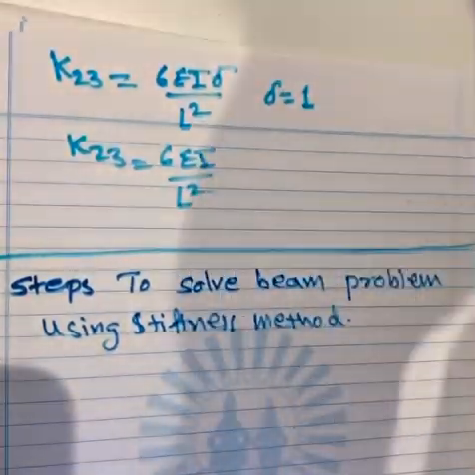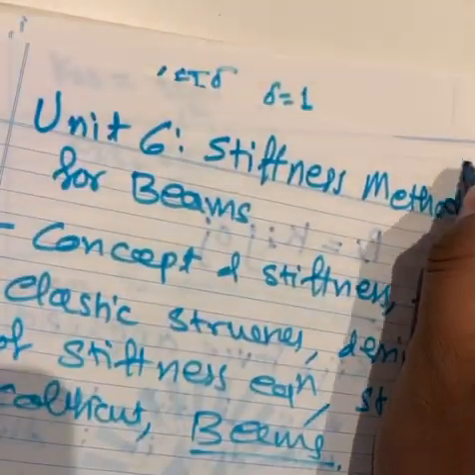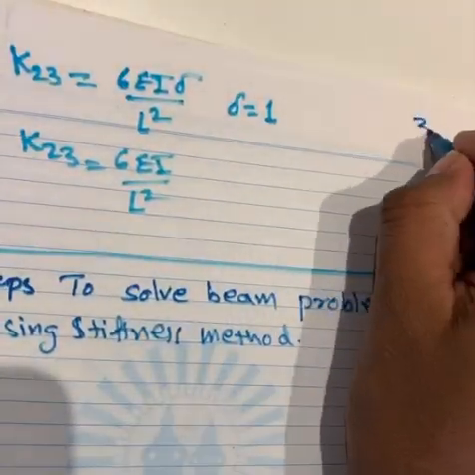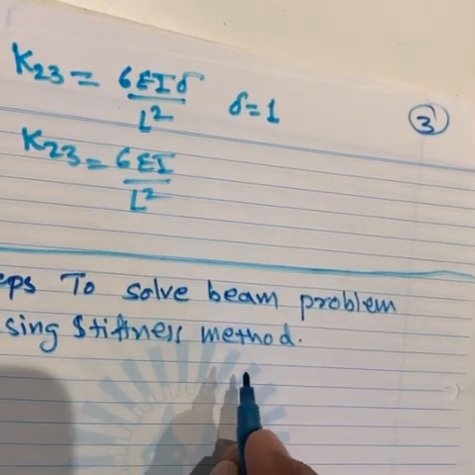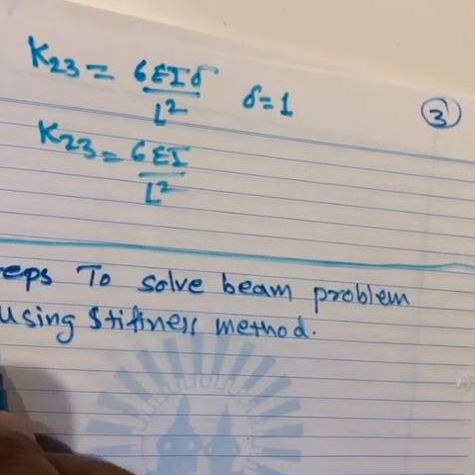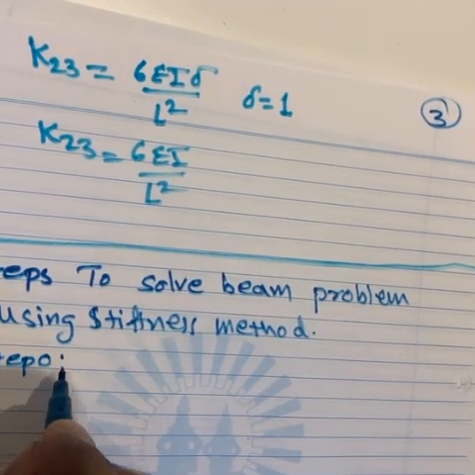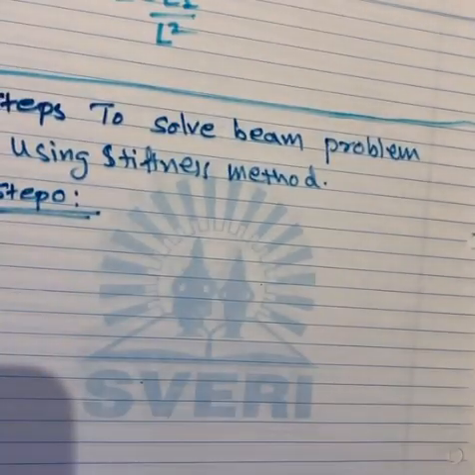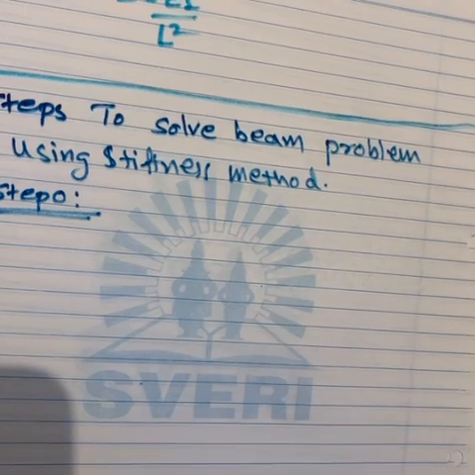So let us label this as 1, 2, 3. So what is step 0? Let us call it step 0. So in this step 0, what are we doing? We are identifying degree of kinematic indeterminacy.